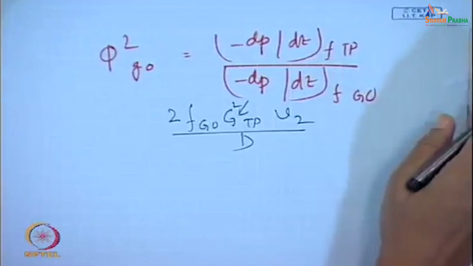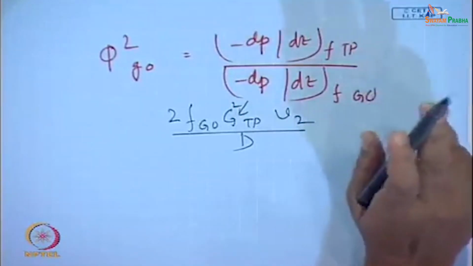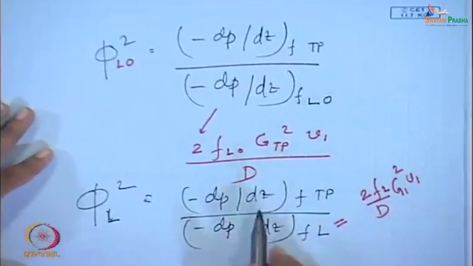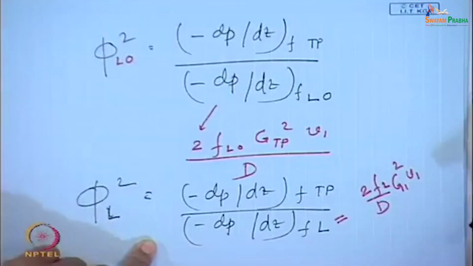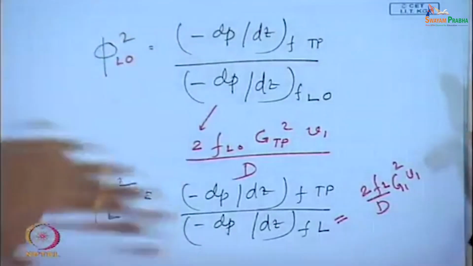In other words, the entire mixture is flowing as either the vapor or the liquid. But other than that, there is another way of defining where we do not assume that the entire mixture is flowing as liquid. We assume whatever liquid was there in the mixture, that is now flowing alone in the pipe. Is it clear to you? This is a much more realistic situation, because assuming the entire mixture to flow as liquid means whatever gas was there, that also you assume to flow as liquid.